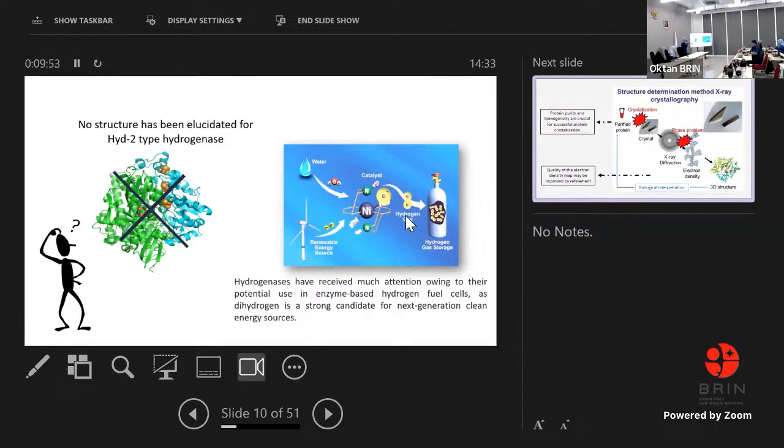This becomes the motivation for us to find candidates for hydrogenase that are oxygen stable, because we know that hydrogenase has received so much attention because it has really high potential for enzyme-based hydrogen fuel cells, and it is also a strong candidate for next-generation clean energy sources.